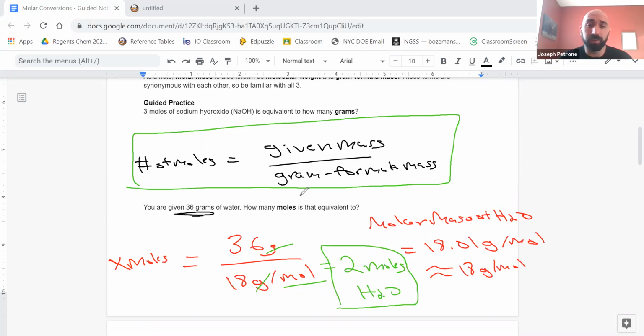When going from grams to moles, typically divide. But if you strictly use the formula here, you will then be able to figure out what mathematical operation you have to do. So no one's going to force you to do the math in this particular way, but we are going to be checking your work. So please make sure that to better help you here, I can only suggest using this formula that's given.